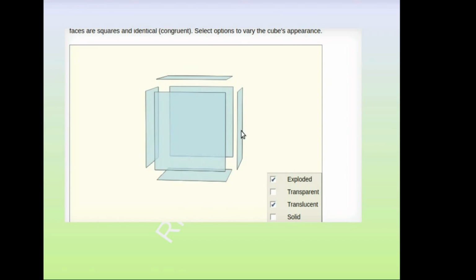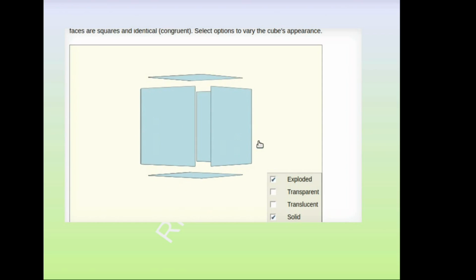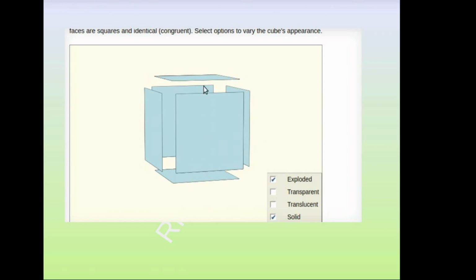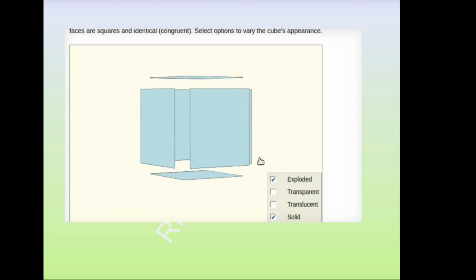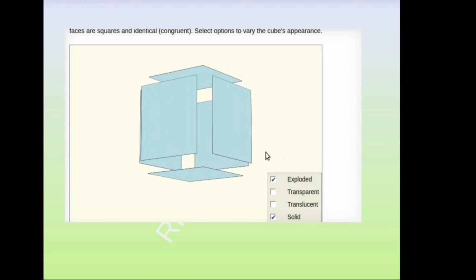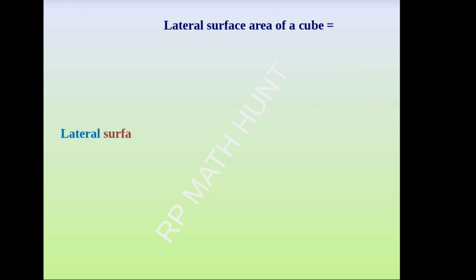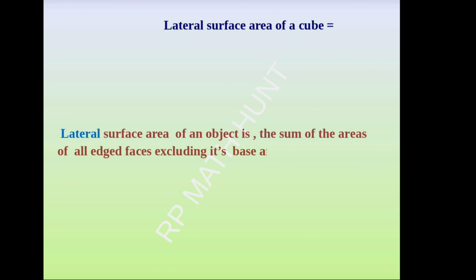six faces. Now lateral surface area means the object is rotated around it: the lateral surface area of a cube. The top and bottom are excluded. Lateral surface area of an object is the sum of the areas of all edged faces excluding its base and top face areas.